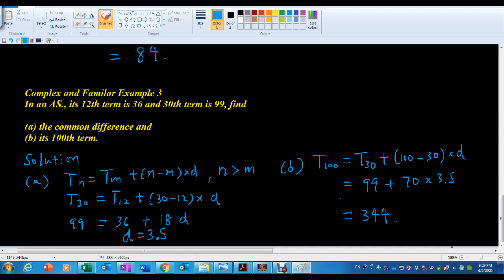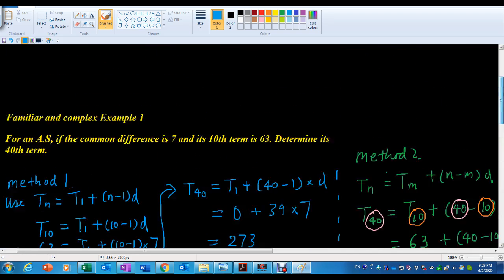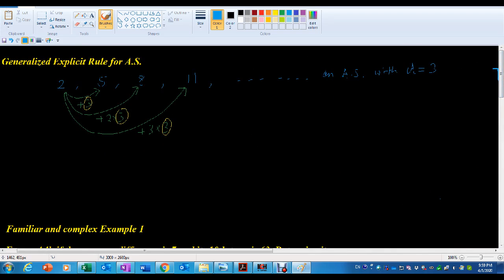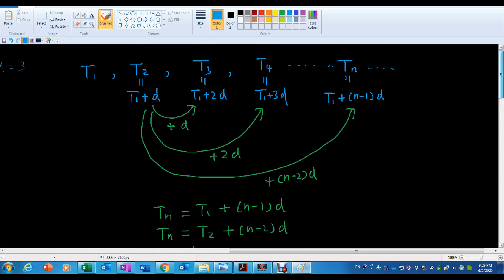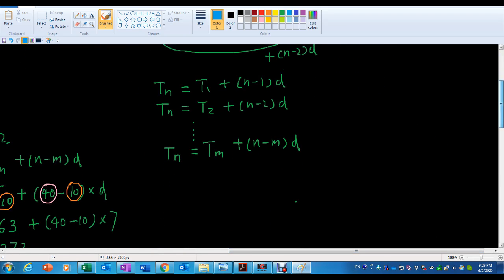Okay, so for this video, remember that instead of using the previous explicit rule, we're going to use the more generalized explicit rule. All right?